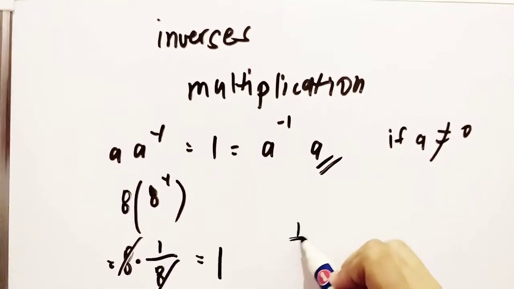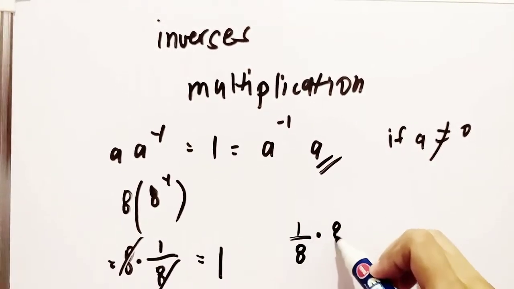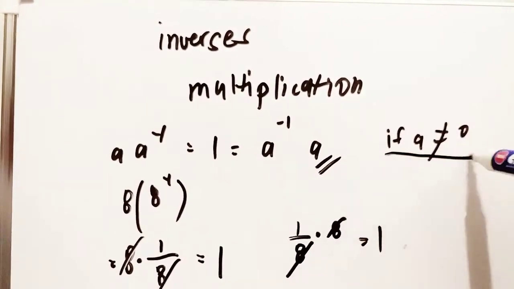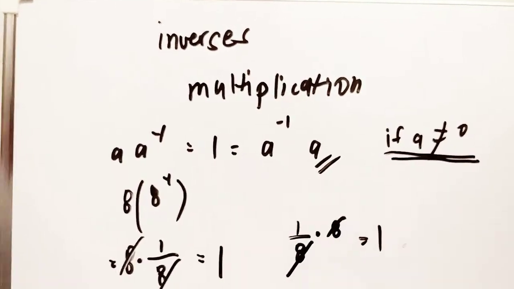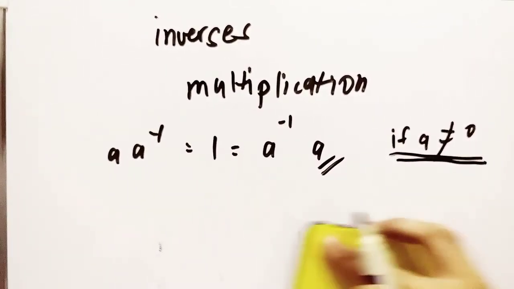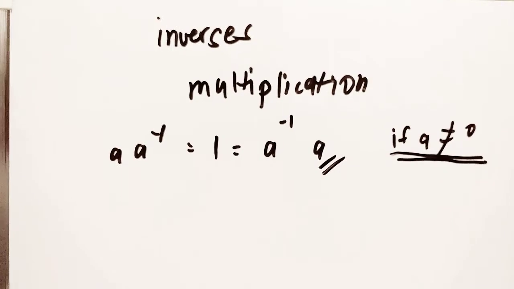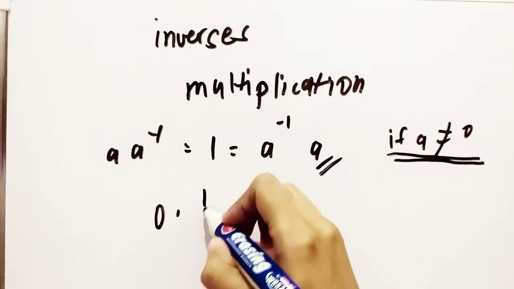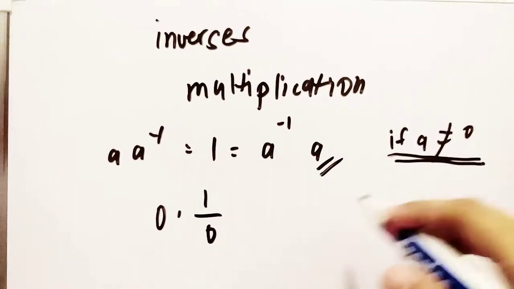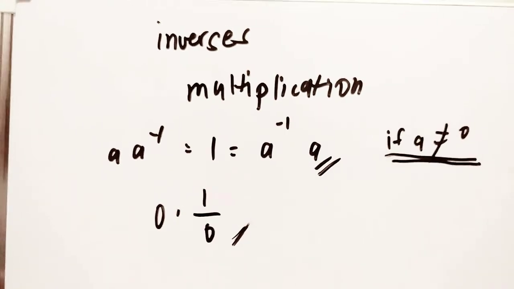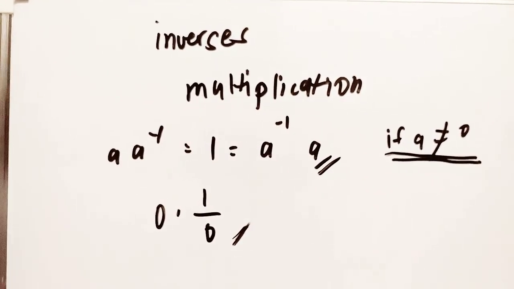So 1 over 8 times 8, cancel that out, we will have the value 1. This is only possible if a is non-zero. So let's try 0 to see why it is not possible. So 0 times 1 over 0 is actually undefined in the calculator. That is why it is not possible to use such a number in inverses.